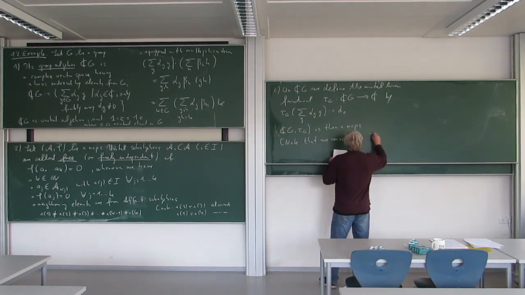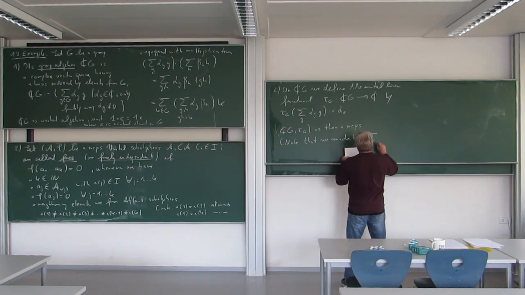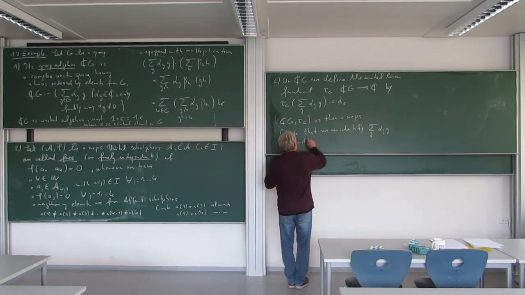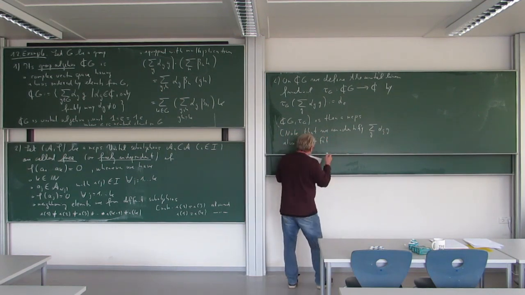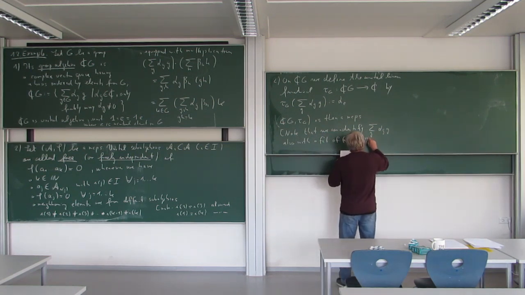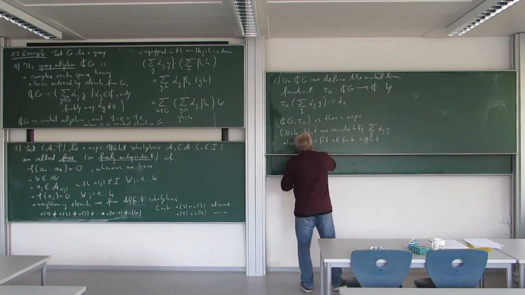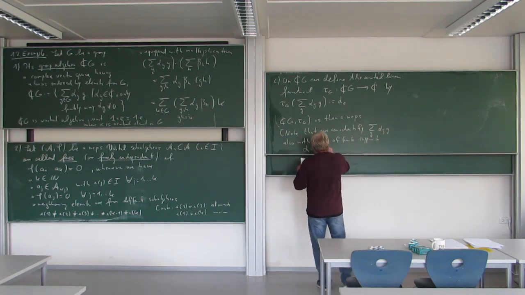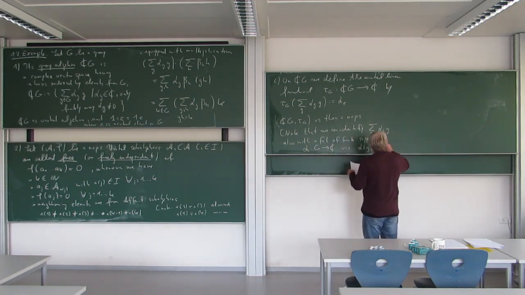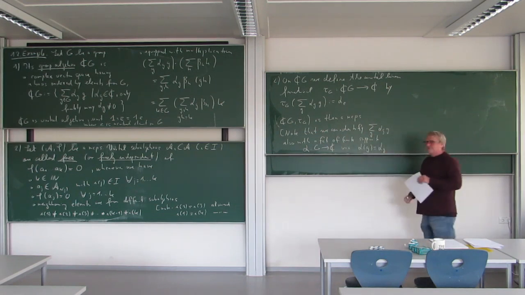Identify an element from the group algebra also with a function, and this function has then finite support. So this function alpha, a function from the group to the complex numbers, where of course alpha of g is just this coefficient alpha of g.